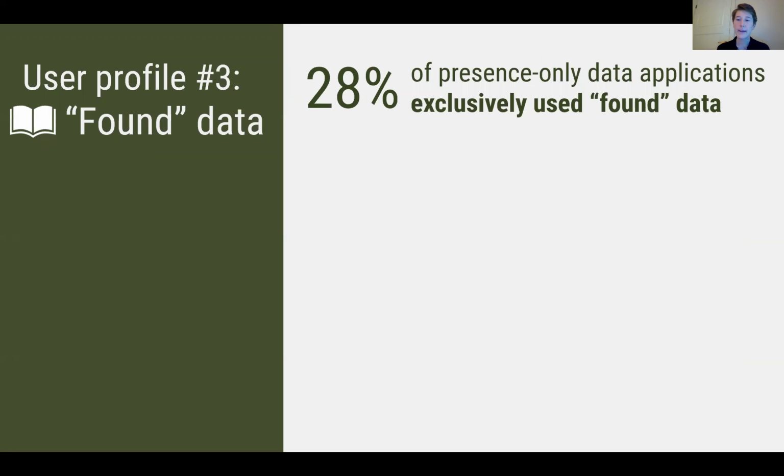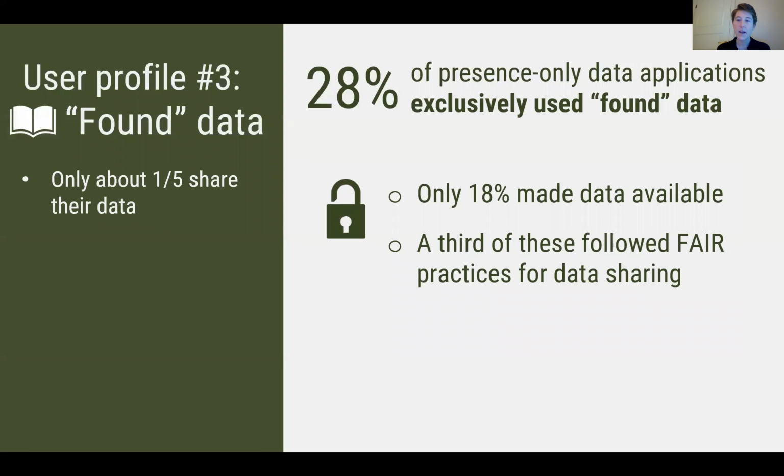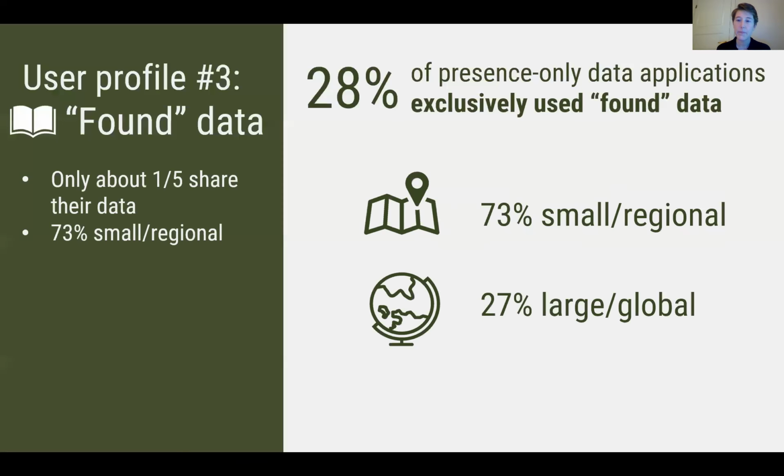And the final group we considered consists of researchers who used exclusively what we called found data. That is, they didn't collect it themselves or access it from an open source. These data come from management agencies, nonprofit organizations, the literature, and so on. The percentage of this data that gets shared openly is really similar to what we saw with original data.